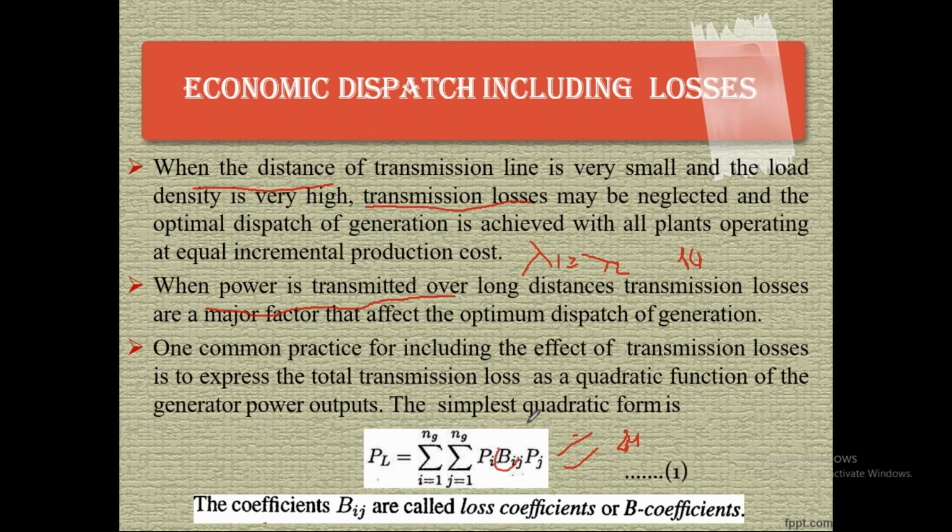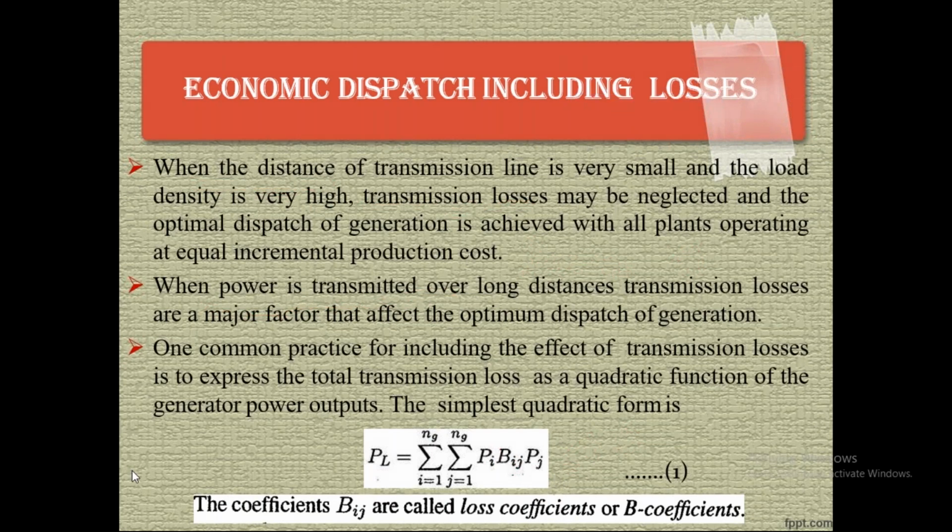When we combine these two, based on that, we find how much power is lost with respect to these two plants. That is the equation we are considering here, and it is called the power loss equation. Next we go to the next slide.